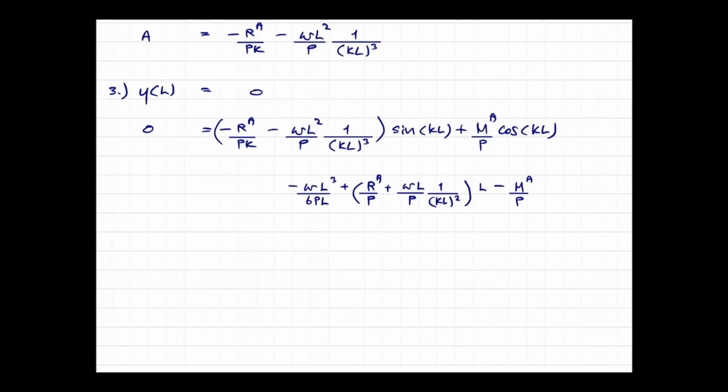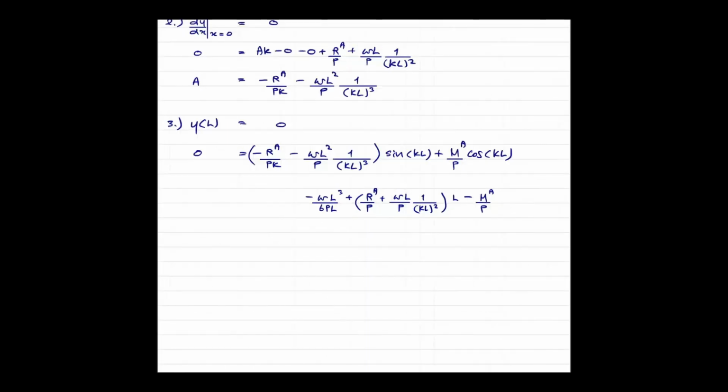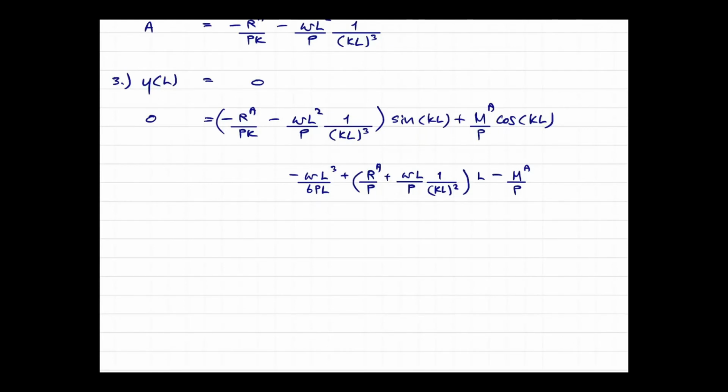Alright. So start with RAL over P. We have the first RAL over P. We have the second RAL over P, which is sine KL divided by KL.